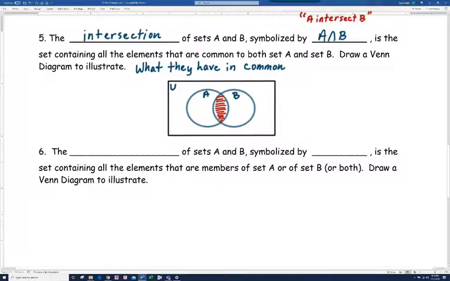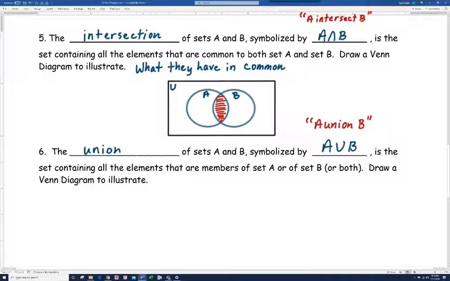All right, number 6. This is the union of sets A and B, symbolized by A union B. And this time our symbol looks like a capital U. So A union B is the set containing all of the elements that are members of set A or of set B, or both.